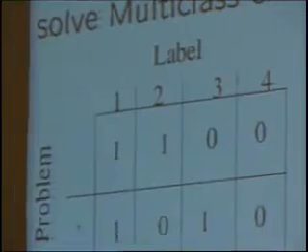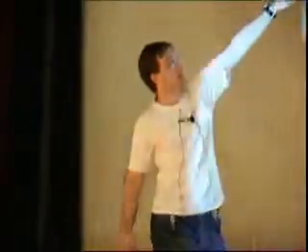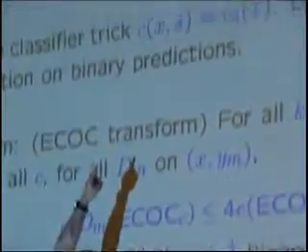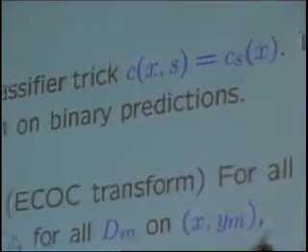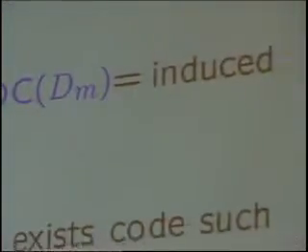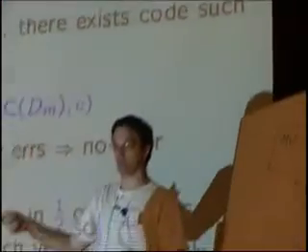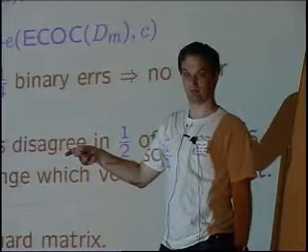We're going to use that one classifier trick. We can take all of these different binary problems here, and embed the name of the set into the feature space. Then we can just think about having one binary classifier. That's the C, that one binary classifier. And then we're going to think about this ECOC of the multi-class distribution as the induced distribution on the one binary classifier.